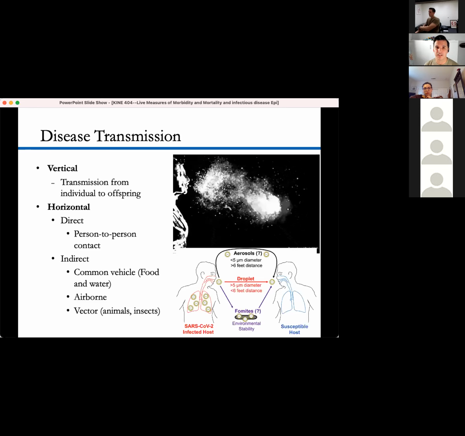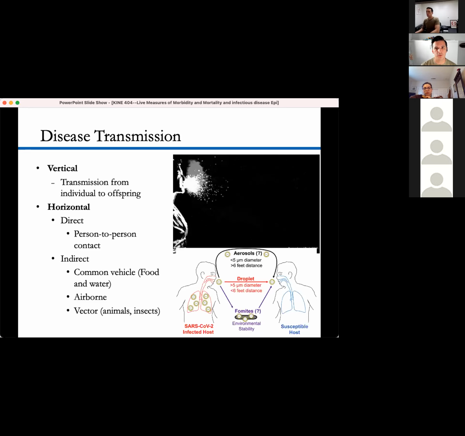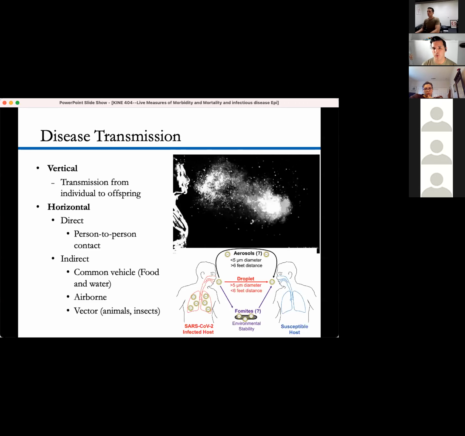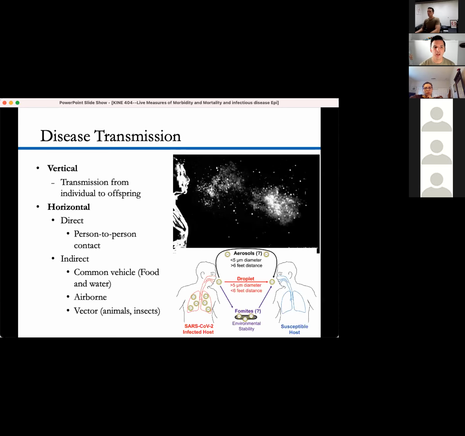What that has done, especially in developed countries like the United States, is reduce the transmission of HIV from mothers to their children to almost zero. So we have very few babies born with HIV in the United States because we have the means to put women on antiretroviral treatment while they're pregnant and effectively minimize or eliminate that risk of spread of that disease during the birthing process. So that's vertical transmission.